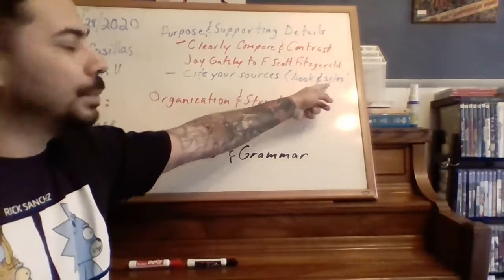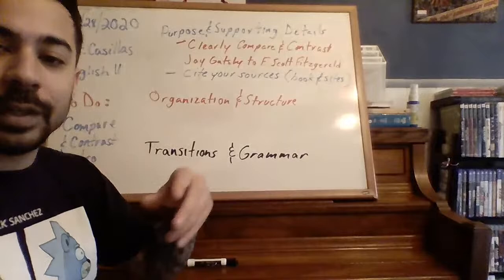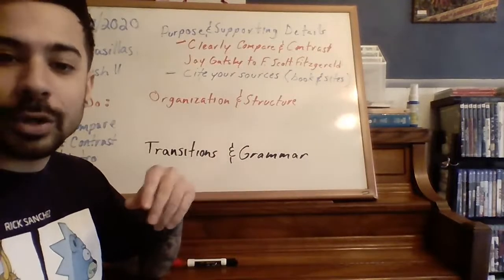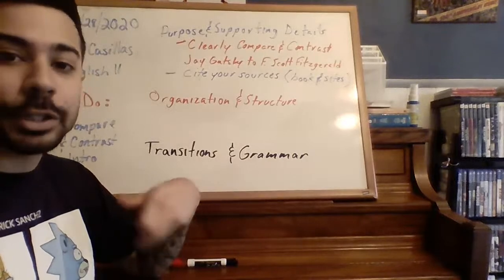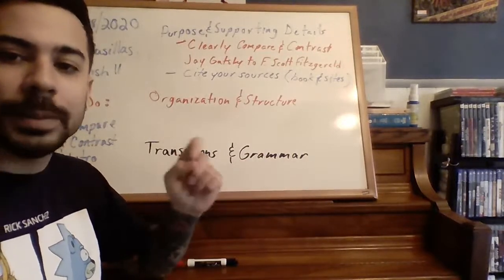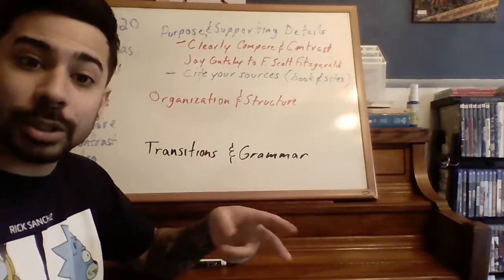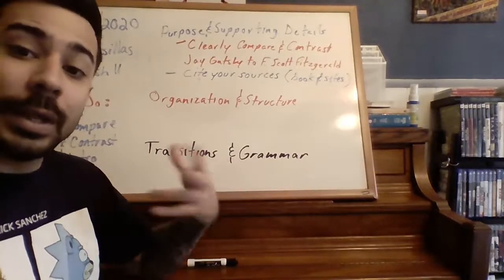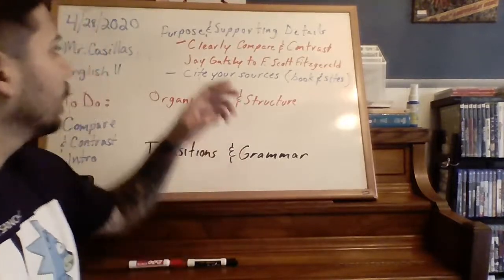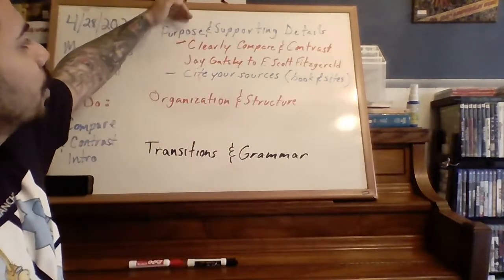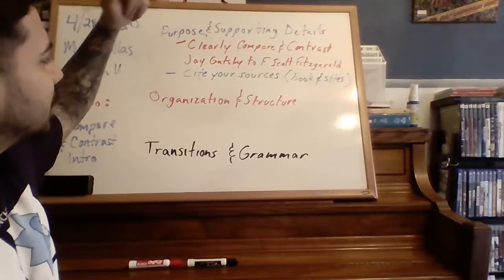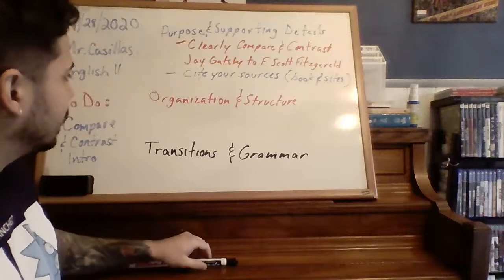Whatever website you use to pull up F. Scott Fitzgerald's biography or just information on him, if it's not a full biography and you just use that website, make sure you cite that website. You get whoever the publisher and author were of this article or scholarly journal. Okay? Purpose and supporting details. You're going to clearly compare and contrast J. Gatsby to F. Scott Fitzgerald. You're going to cite your sources.